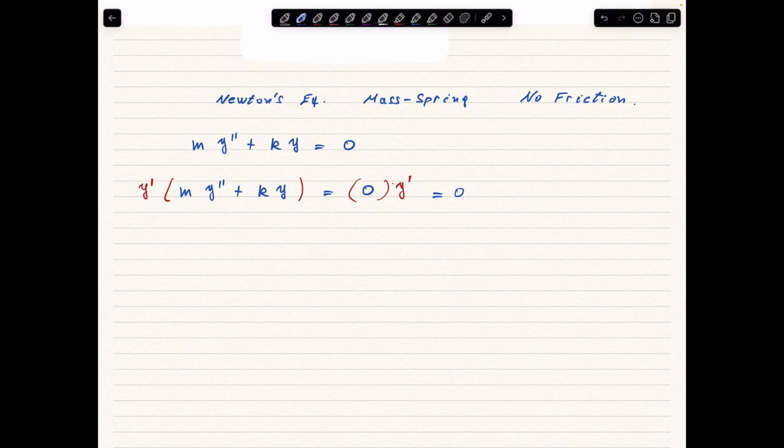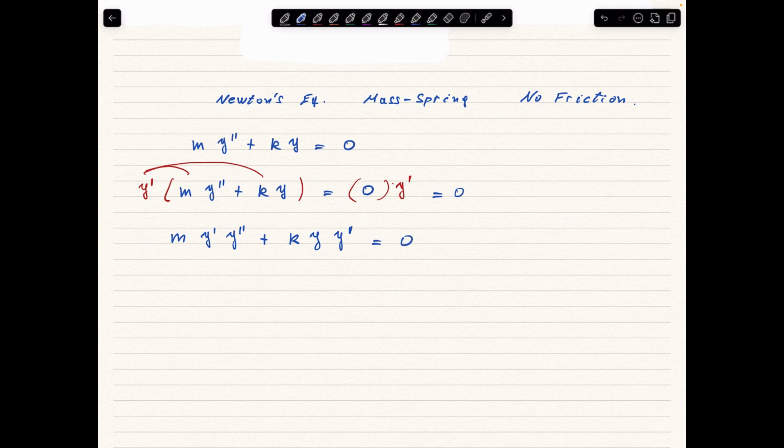Now, just because we want to play with math, let's distribute this product here. What do we get? We get the mass times the velocity times the acceleration plus the spring constant, the position, and the velocity is equal to 0, isn't it?